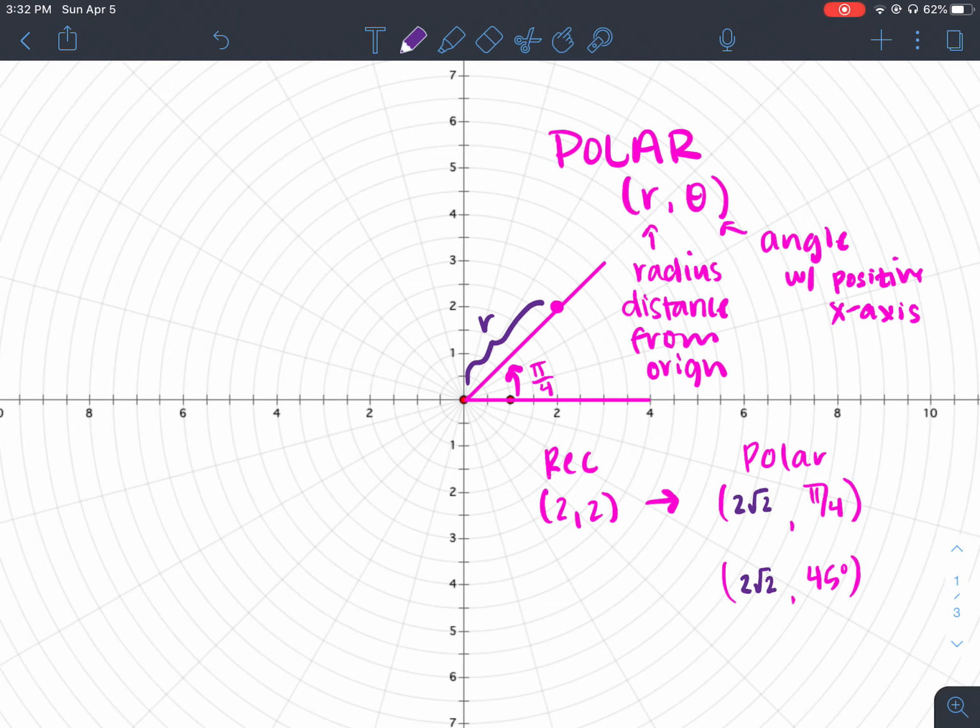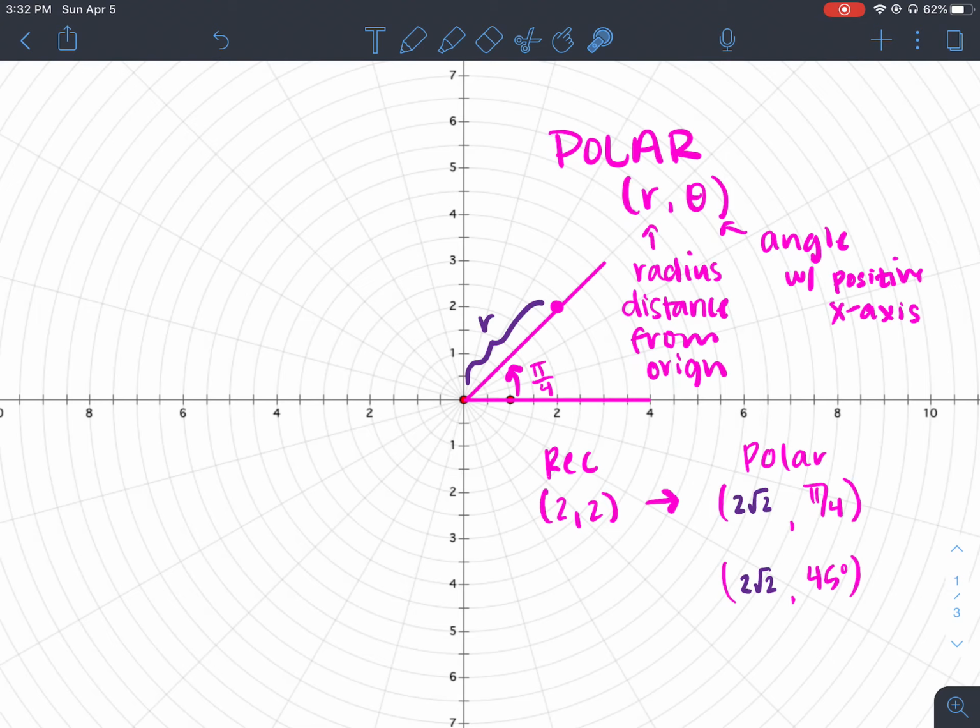So in the rectangular coordinate system, that's x, y equals 2, 2, where I go 2 to the right and 2 up. In the polar coordinate system, I'm doing a 45-degree angle from the positive x-axis, and then moving a distance from the origin out to that point of 2 root 2 units.